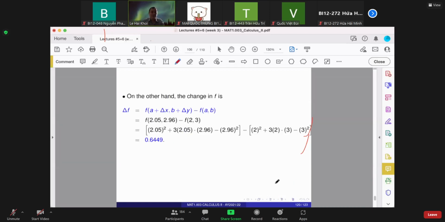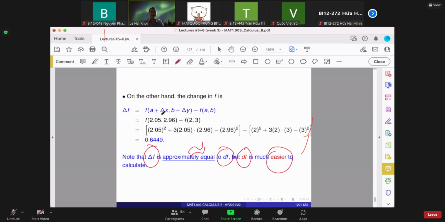But for delta F, you have to use this formula. You see, quite complicated. And the result is 0.6449. And here df is 0.65. Not so big a difference, right? And that's the reason you can see it's really true that we can approximate delta F by df because it is easier to find.